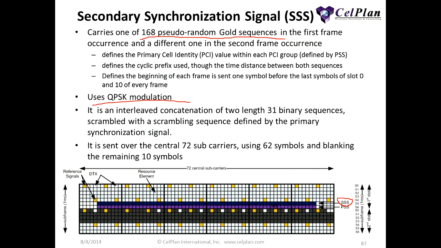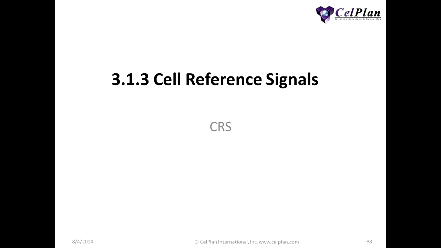It also uses QPSK modulation, and it's based on an interleaved concatenation of two length 31 binary sequences. These binary sequences are scrambled by the primary synchronization signal. So it's a quite complex signal to generate, and it also uses the 72 subcarriers with 10 blanked on the sides.